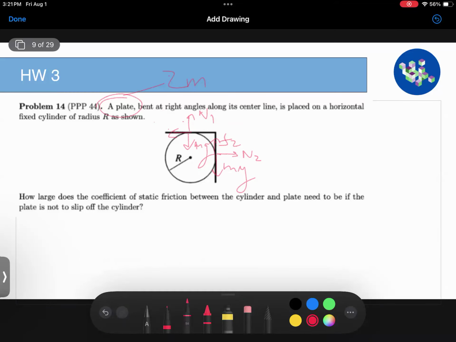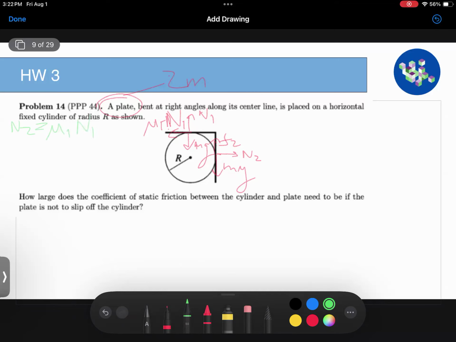Instead of writing F1, I'll write mu1 N1. So I have mu1 N1 equals N2. I'm looking at this force over here and this force over here. They have to balance for the system to be static. So N2 equals mu1 N1.